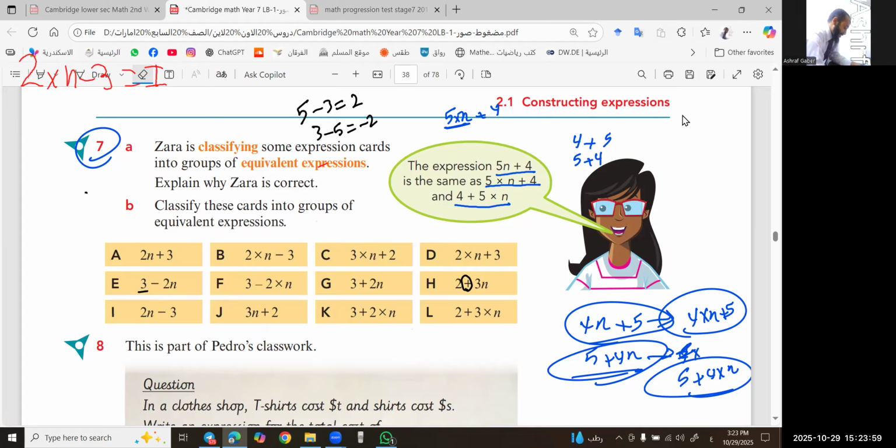Why? Because this equals this. Stop. Number E, okay, 3 minus 2n is like what? Which one? Number E is equivalent to what?